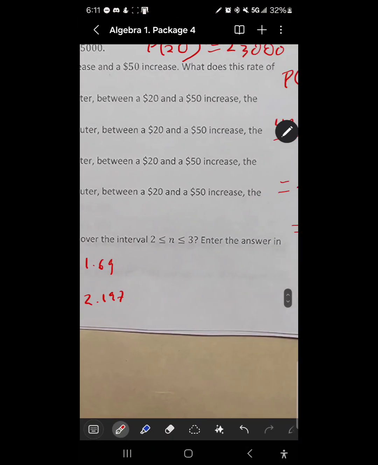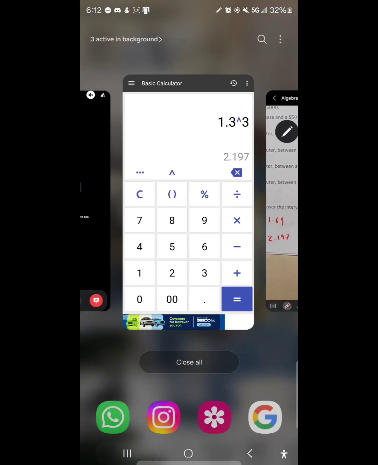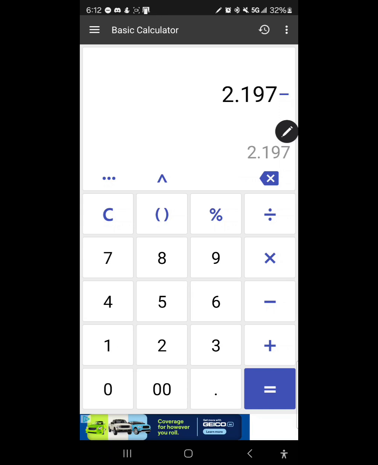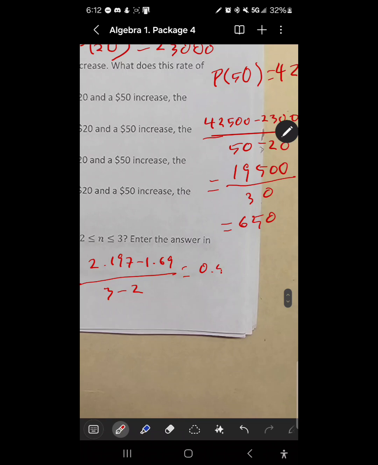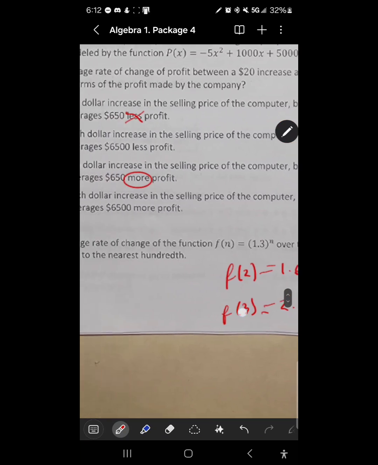2.197. Now the average rate of change is 2.197 minus 1.69 over 3 minus 2. So this is 0.507 over 1, which is the same as 0.507.